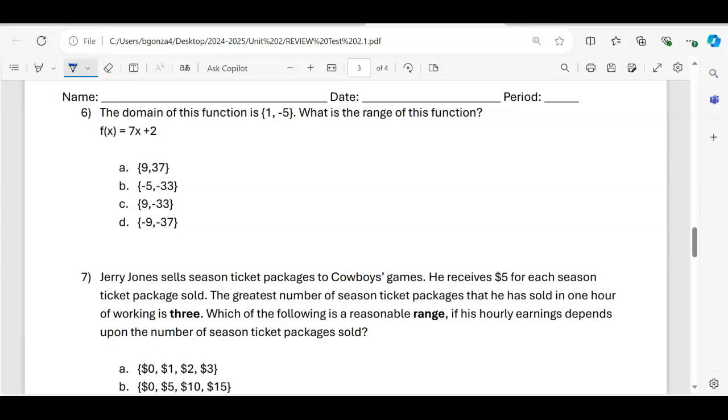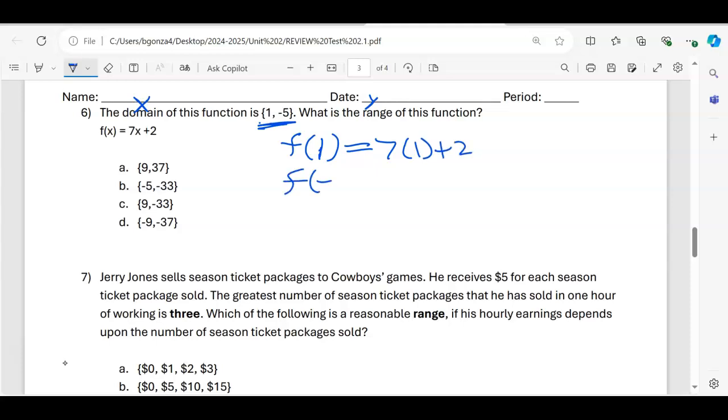Number 6, the domain of this function. So the x of these functions is these two numbers. What is the range? The y, right? So f of 1 equals 7 times 1 plus 2.